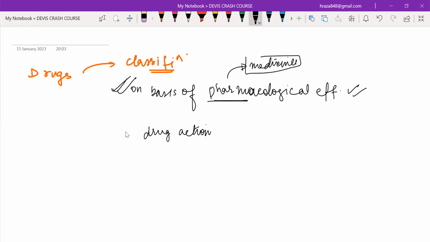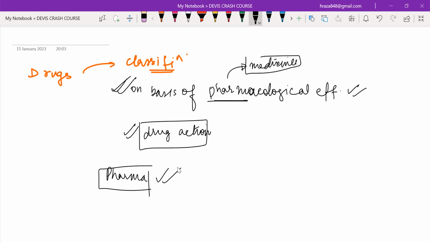In a lot of biochemical processes, we use drugs. Then on the basis of chemical structure, there are some chemical structures of the drugs, basically all related to pharma, that means medicines. And then comes enzymes as a drug target, like catalytic action.